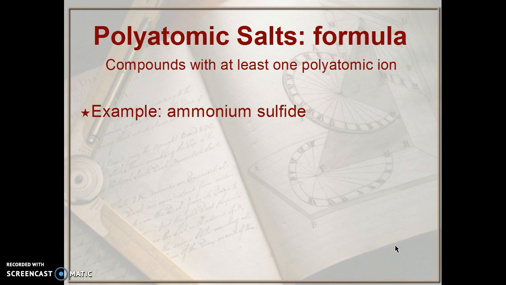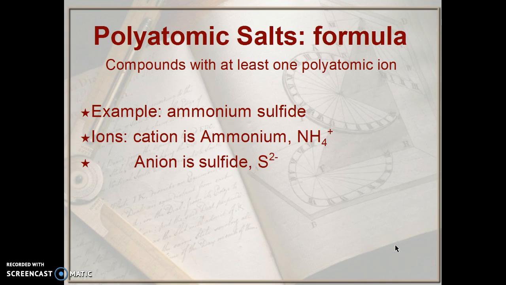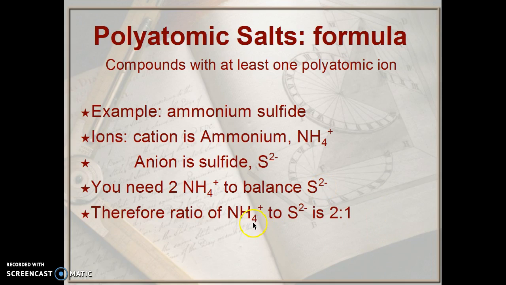Let's look at ammonium sulfide. The cation, ammonium, NH4+, the anion, sulfide, S2-. You need 2 ammoniums to balance the -2 charge on the sulfide, so the ratio of ammonium to sulfur is 2:1. When you write this, you have to say the whole ammonium ion is taken twice.